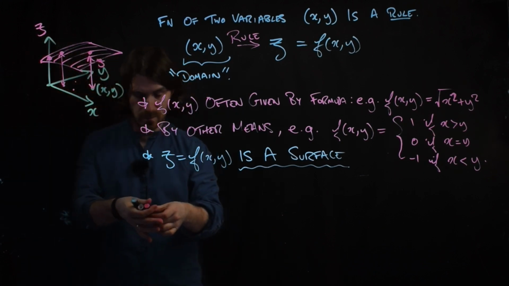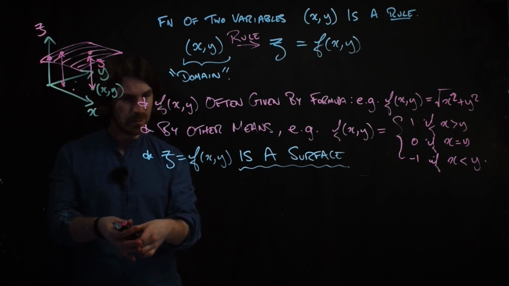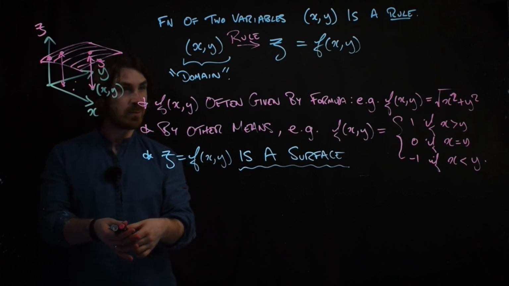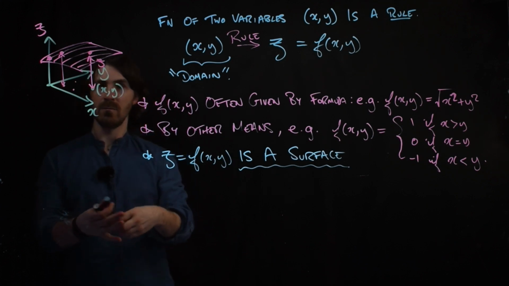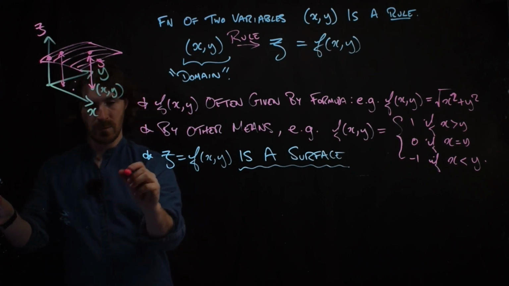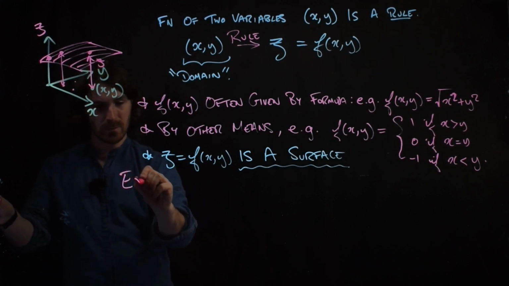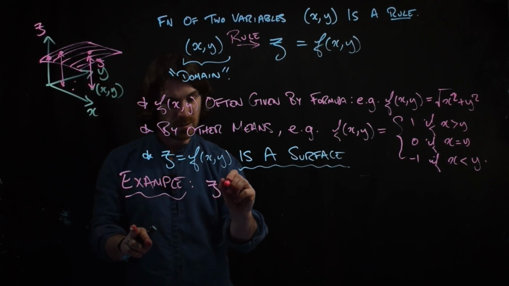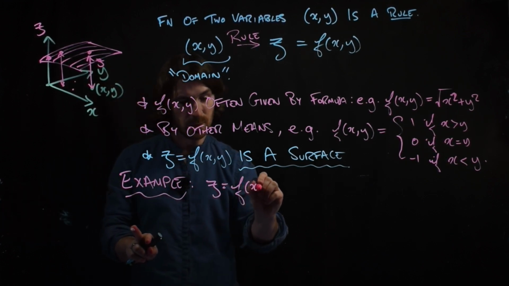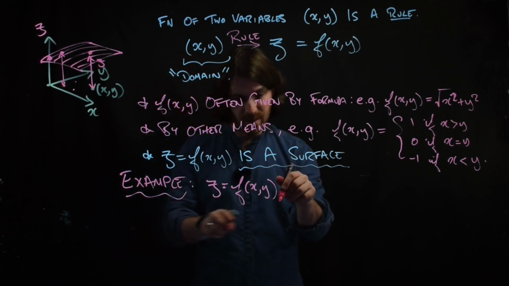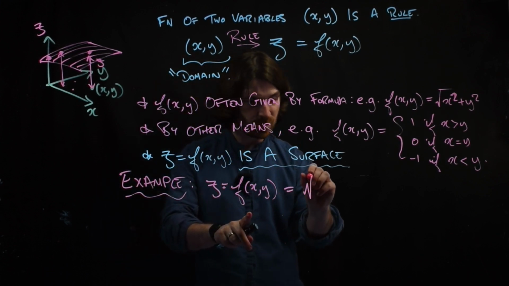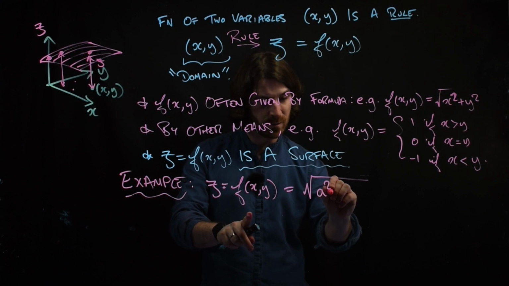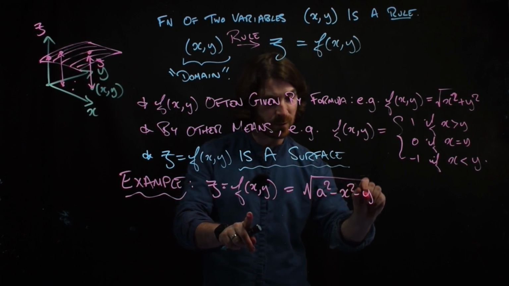Maybe we can make that a bit more concrete with an example. So let's think about the surface. z is a function of two variables, x and y, and in this case, let the function be the square root of a squared minus x squared minus y squared.